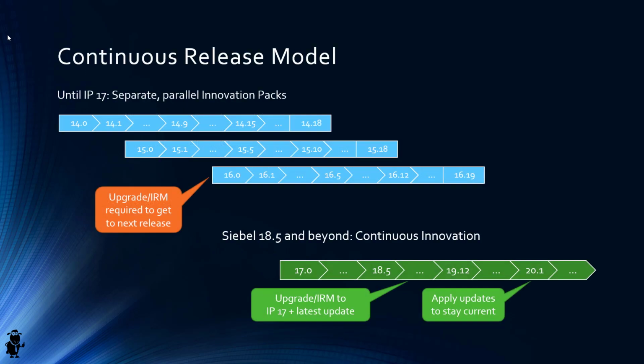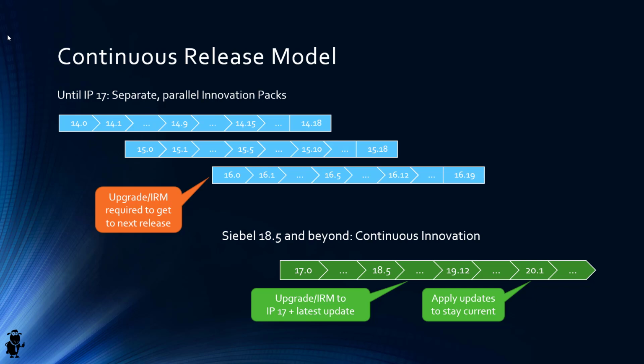The continuous release model has been introduced by Oracle in spring 2018, when Siebel 17 was on the market for almost a year. And Siebel 17 started as an innovation pack, 17.0, until 18.5 was named as IP17.